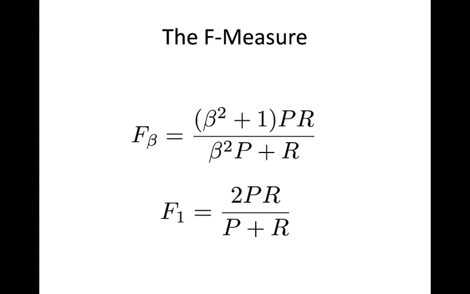Okay. Well, there's a generalization of F1, the F measure. And here we have this parameter beta. And if we increase beta, then we increase the numerator.